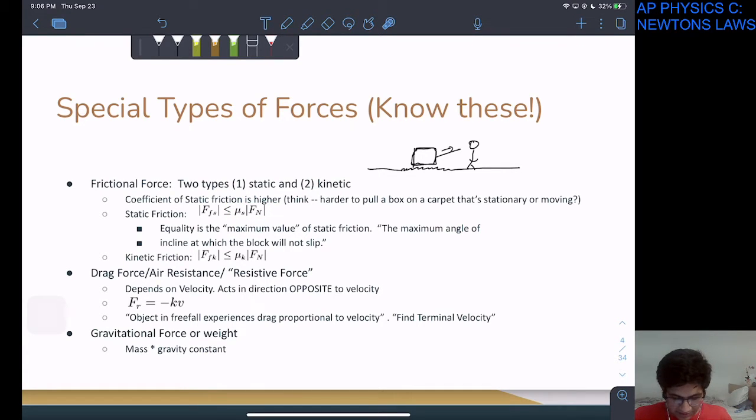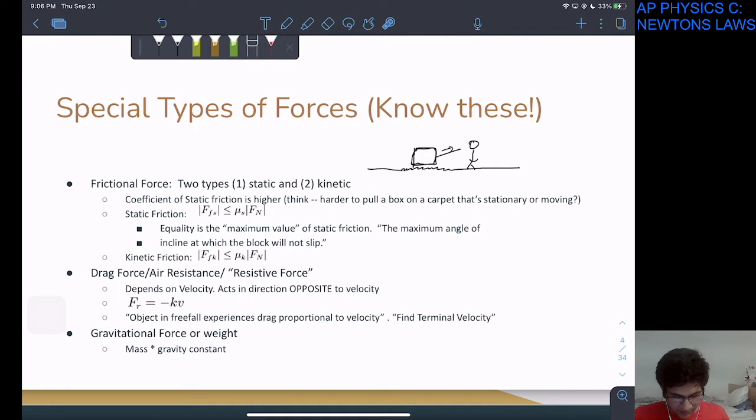The reason is that the problems that we deal with are like, what is the maximum angle or the maximum force needed at which an object will not slip. So this means that if I exert a little bit more force, then I'm overcoming static friction and now the object is moving. Make sense? Awesome. And now kinetic friction is very similar, same form, we just have a different coefficient.